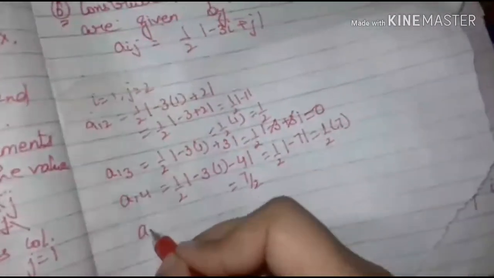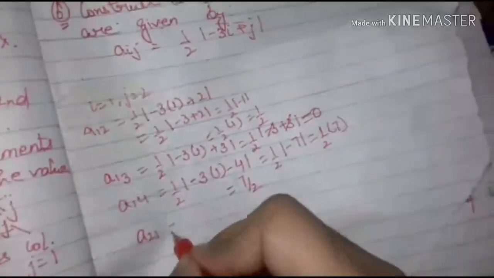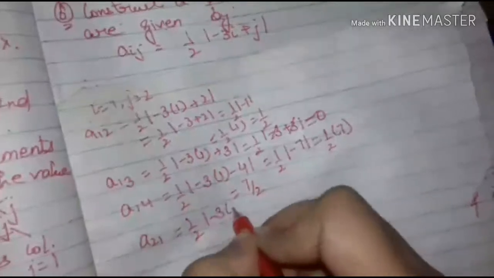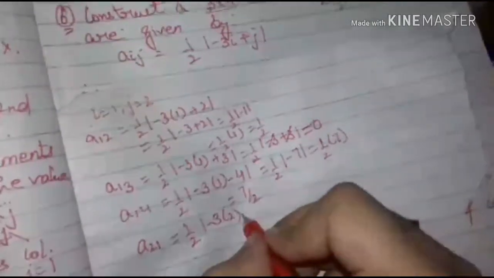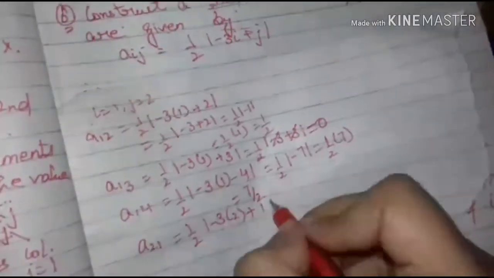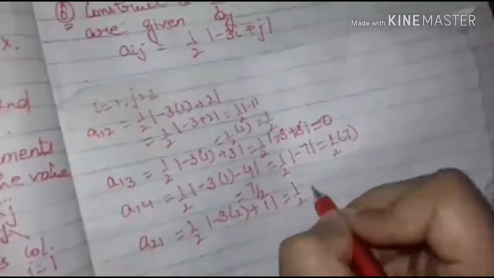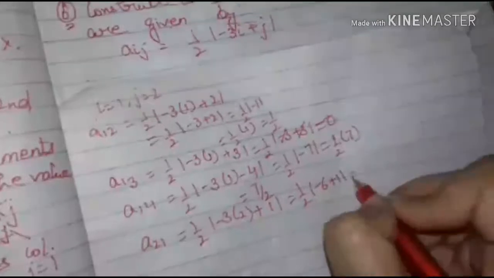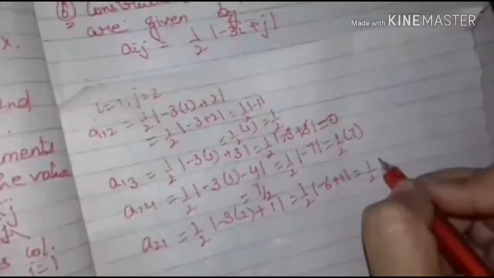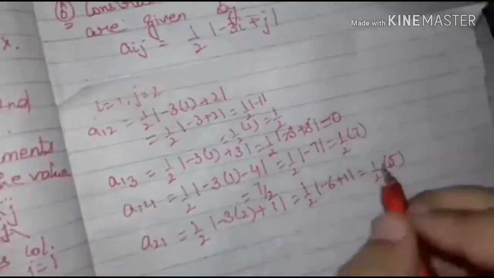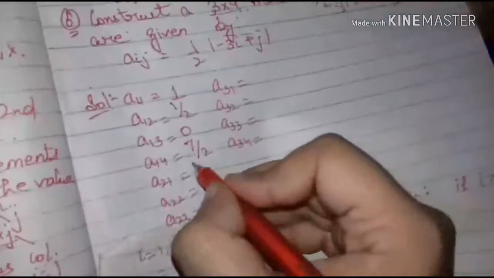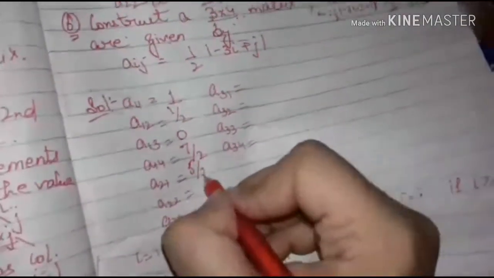Now we have to calculate A21. 1 by 2 mod of minus 3 into 2 plus 1, 1 by 2 mod of minus 6 plus 1, 1 by 2 into 5. This will be equal to 5 by 2. So the next element will be 5 by 2.